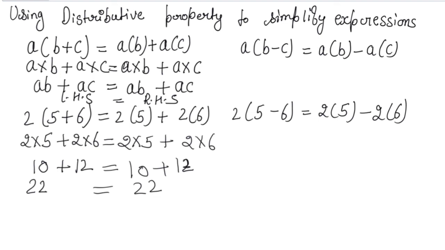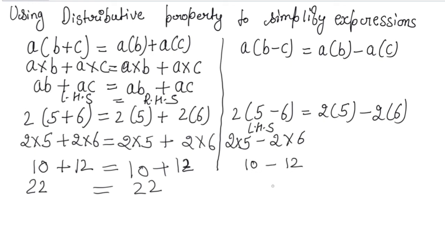Let's solve this example, or see if this is true, or in other words, using the distributive property, solve this expression. So always take the left hand side first. So 2 times 5 minus 2 times 6. 2 times 5 is 10, minus 2 times 6 is 12, and 10 minus 12 is equal to minus 2.